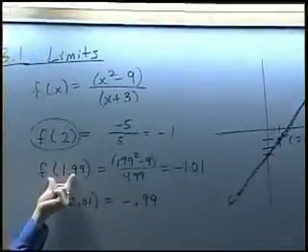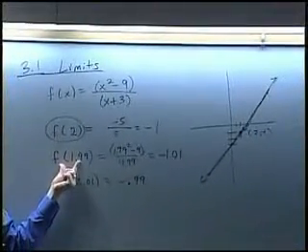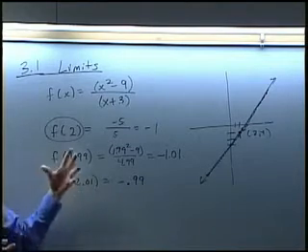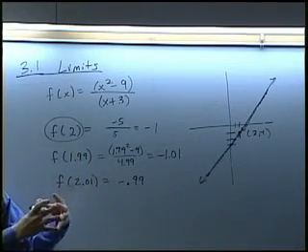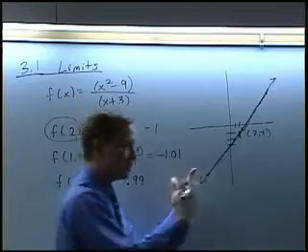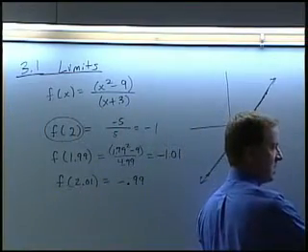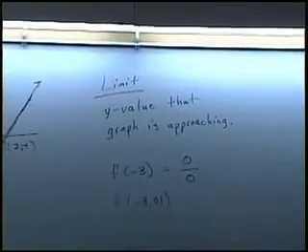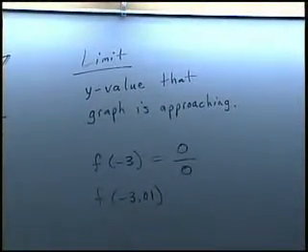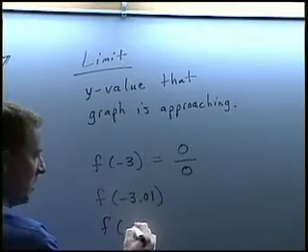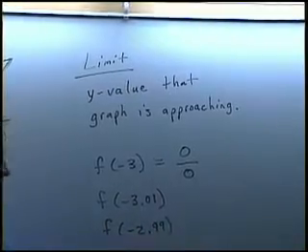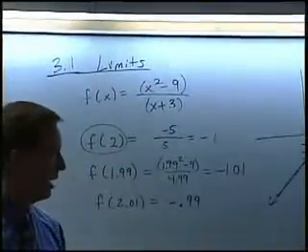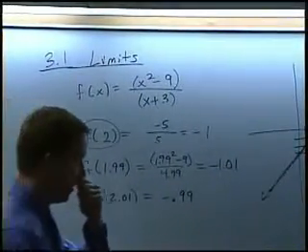Let's see what's happening just a little bit to the left of negative 3, and let's see what's happening just to the right of negative 3. And let's see if they're both coming toward a common value here. So that's the next thing I need you to do. And again, I'm going to ask for your help here. I want to find out what is the value just to the left of negative 3, and then I also want to find out what's the value just to the right of negative 3. So if you could plug in those numbers for me, I'd appreciate it.